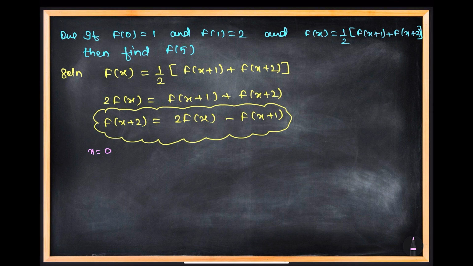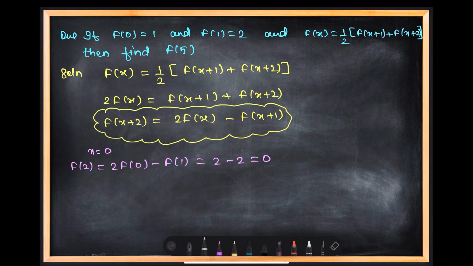So if x equals to 0, f2 will become what? 2 times f0 minus f of 1, and 2 times f0 is 2 times 1 is 2, minus f1 is also 2, which is 0. So we got the value of f2 as 0.